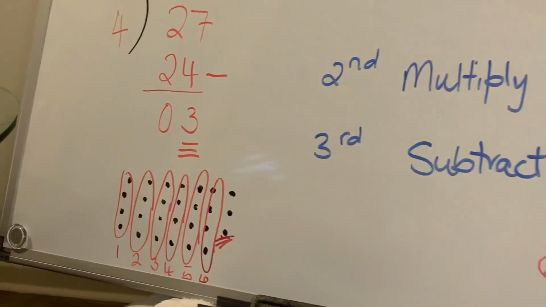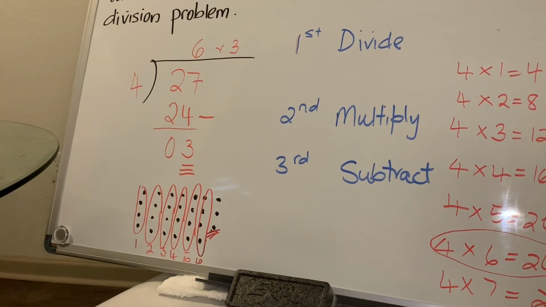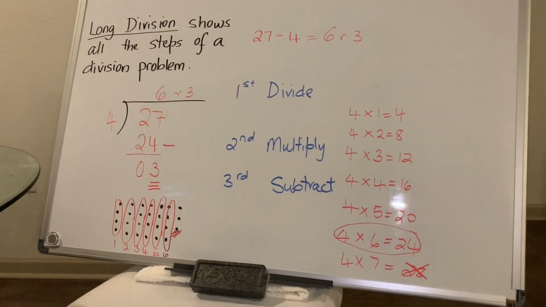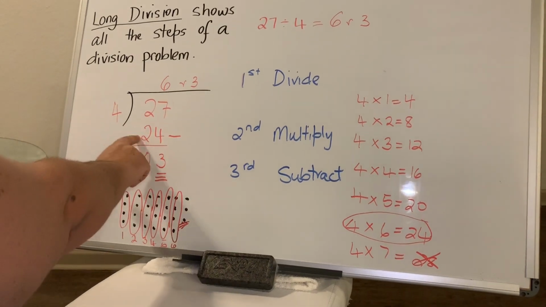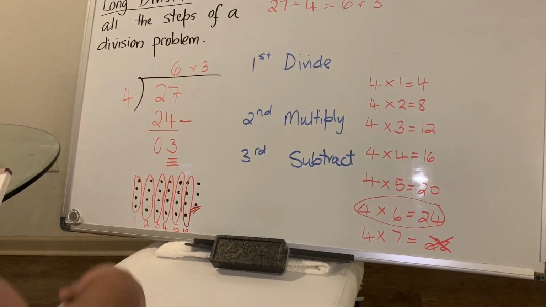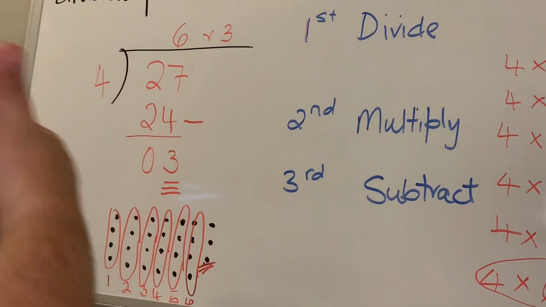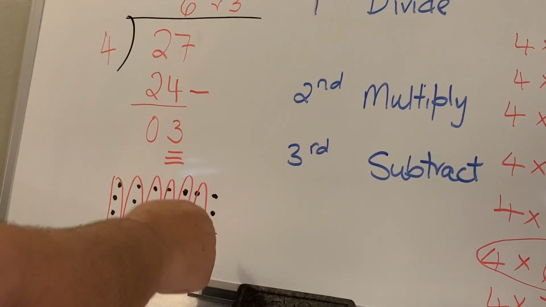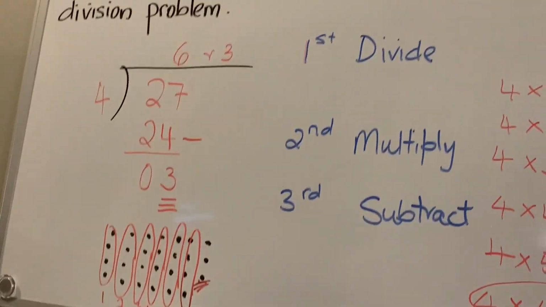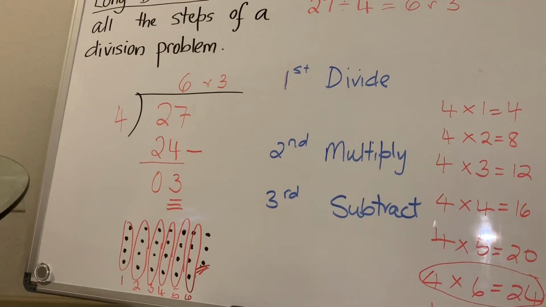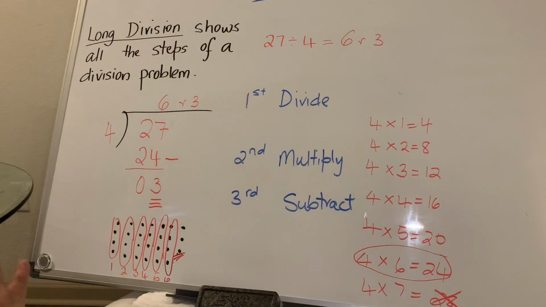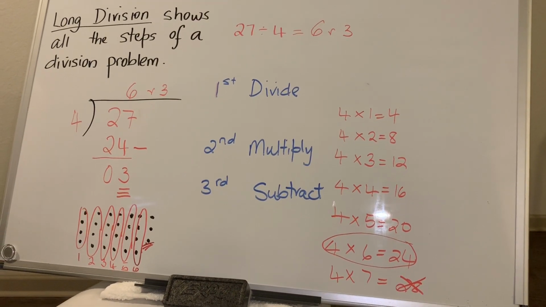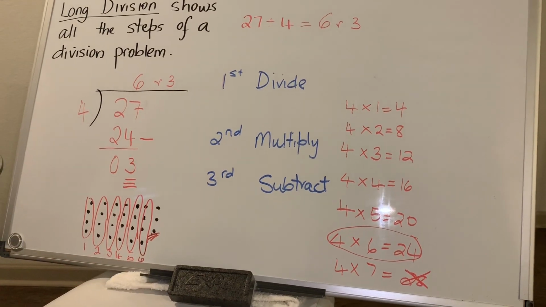We have 3 extra dots that cannot make another set of 4. Guys, you can never have a number here that is bigger than a number here, because it always has to multiply out smaller or equal to the number that you're dividing into. So 27 divided by 4 goes 6 times, but we have 3 left over.